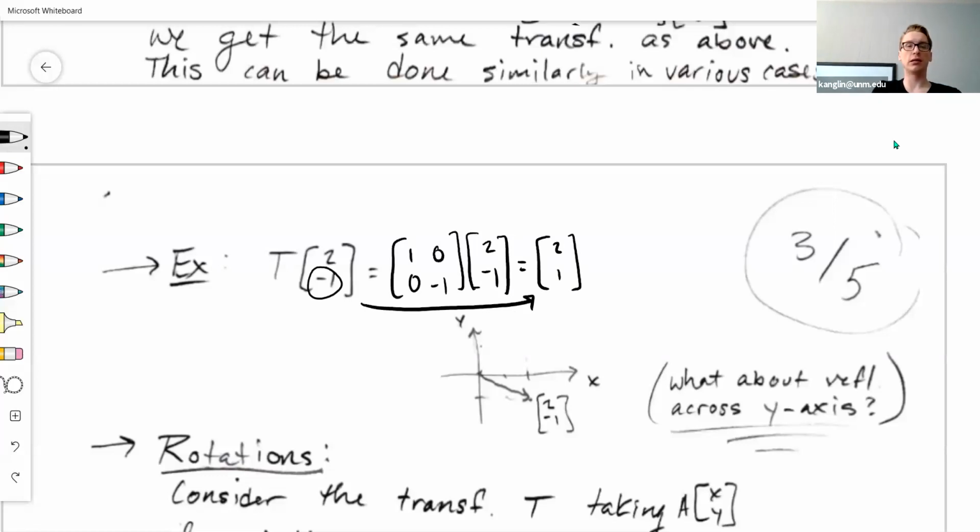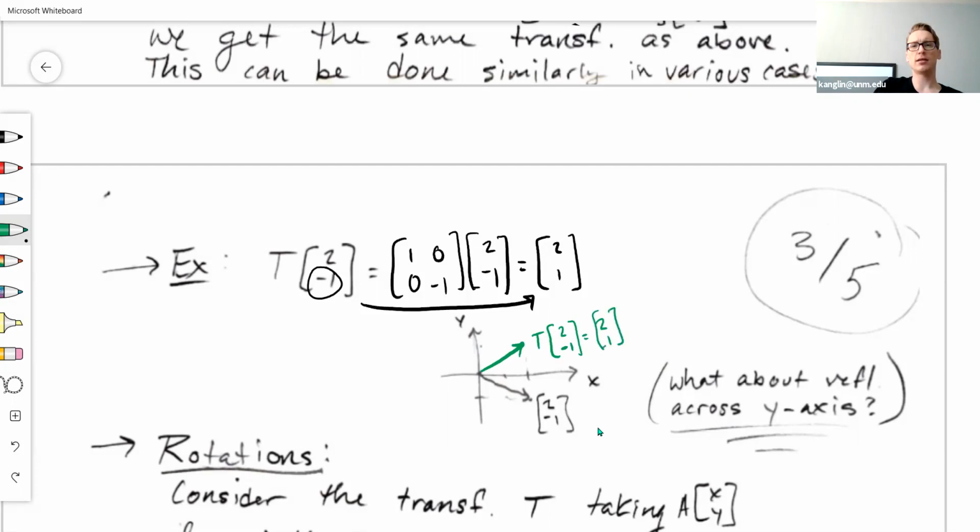And so we look at a little example here. I'll use yet another color, maybe green. My original input, the 2, -1 vector, is drawn here. Let me draw the output. Instead of 2, -1, that's 2, +1. This is T of 2, -1.